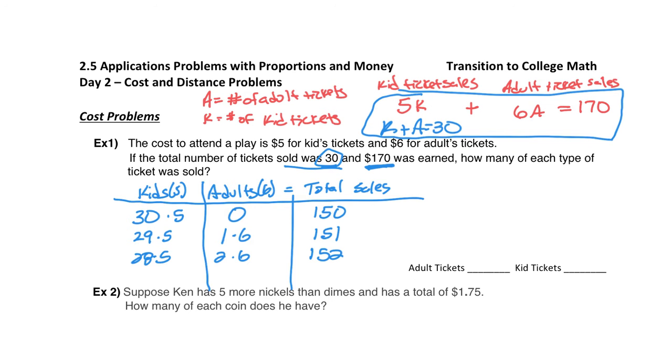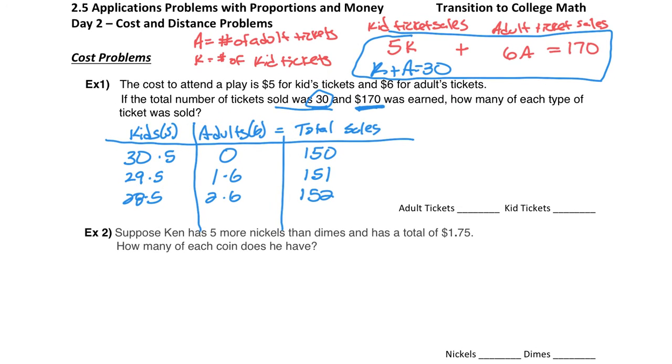Now, obviously, I can extend this table and keep going until we get $170 here. But let's just try to notice what's happening. Every time I add 1 ticket to the adult and take 1 away from the kids, my price over here increases by $1.